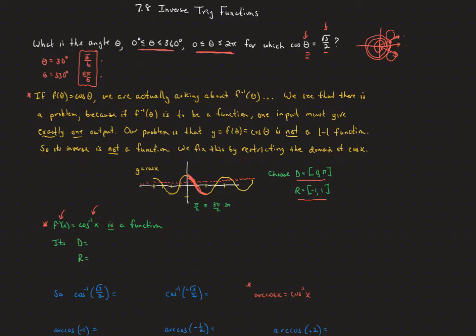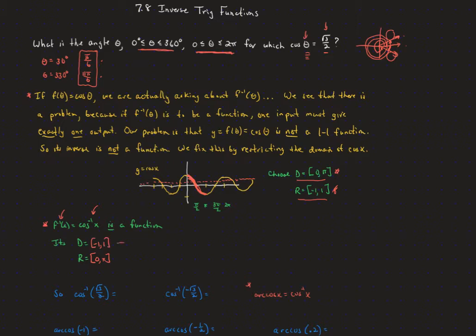So if we restrict the domain of our cosine to be 0 to pi, and when we switch the x and y's, that's what we get for inverses, that means our range for the inverse cosine is going to be from 0 to pi. And if our range on the cosine function goes from -1 to 1, that's going to be our domain for the inverse cosine.